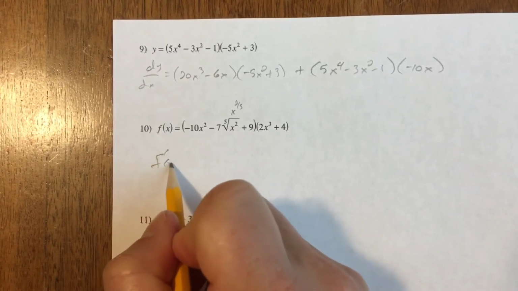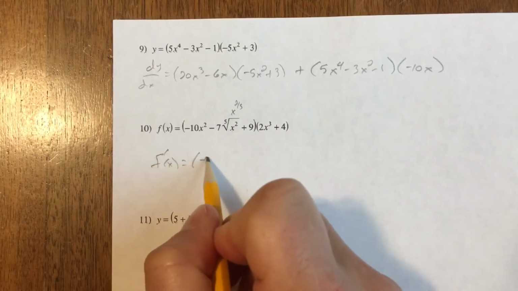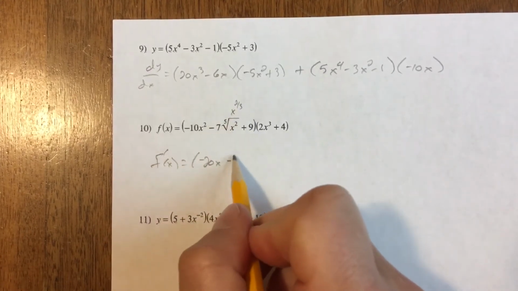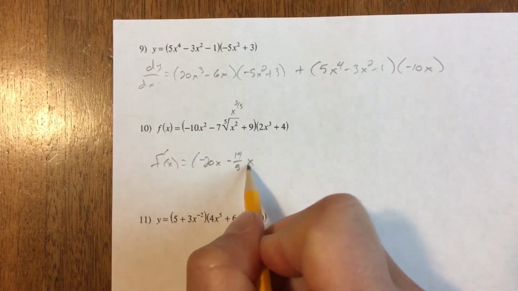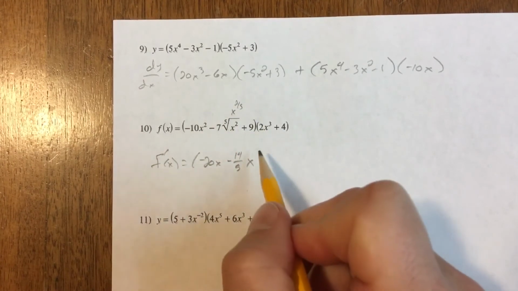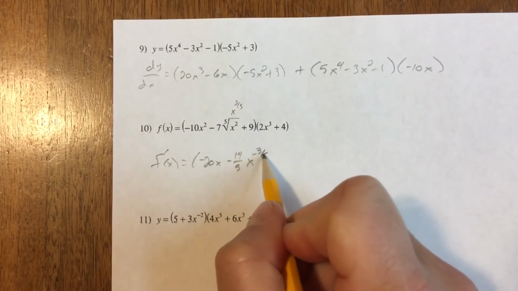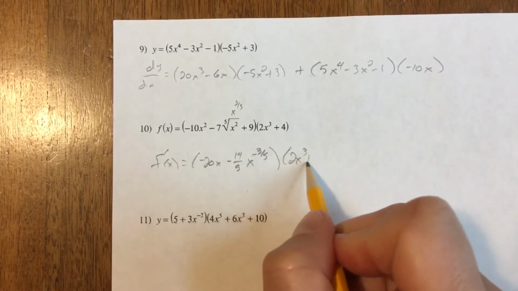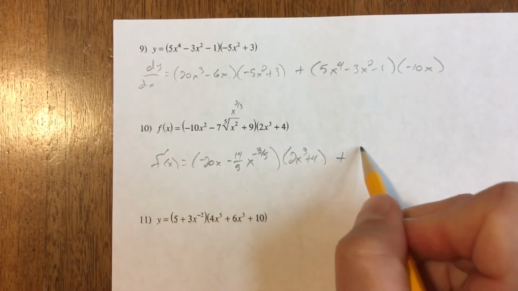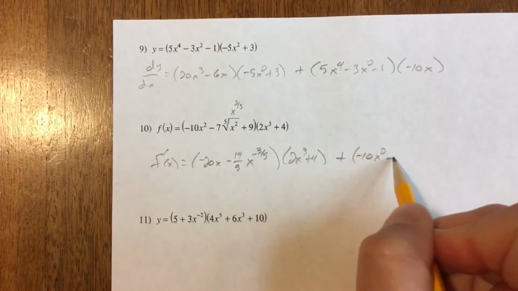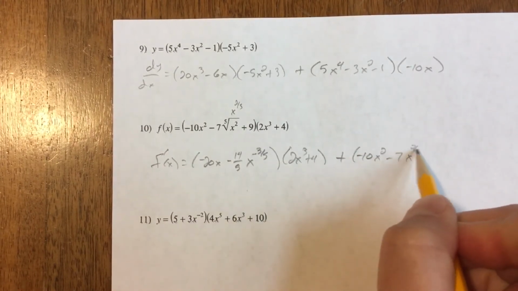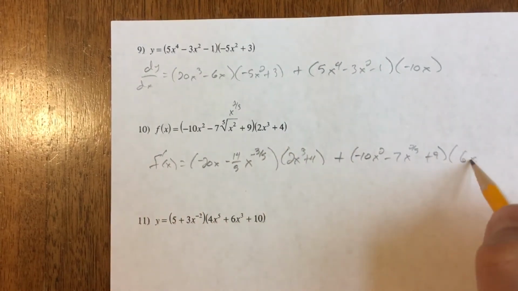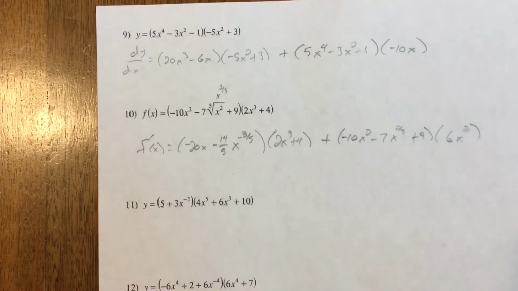So when we do this derivative, it will be the derivative of the first, negative 20x, minus 7 times 2/5, so minus 14/5 x to the, subtract 1 from there, you'll get negative 3/5. Okay, so that's the derivative of that one, times this one as is. Plus, now leave the first one alone, so 7x to the 2/5 plus 9 times the derivative of the second, which is 6x squared.